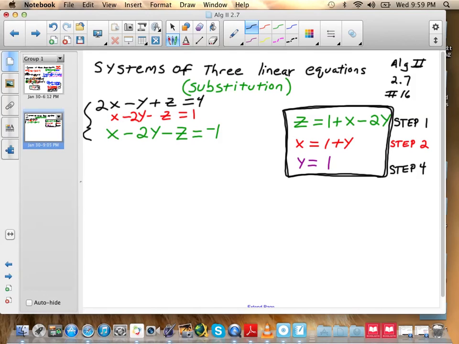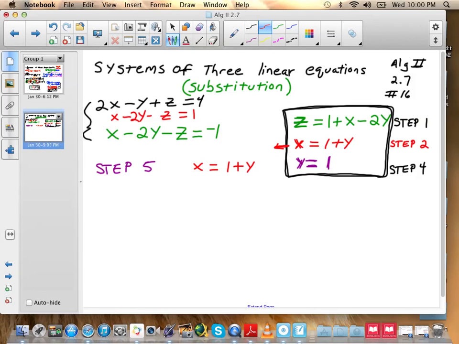All right, so lastly, just like in the other ones, z has a value, x has a value, and y, which we determined in step 4, also has a value. So all I have to do now for step 5 is take the equation that I got in step 2 and write x equals 1 plus y.